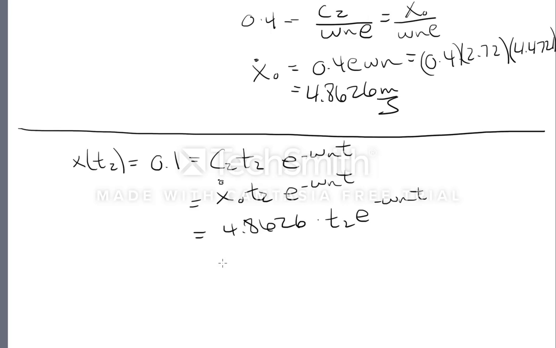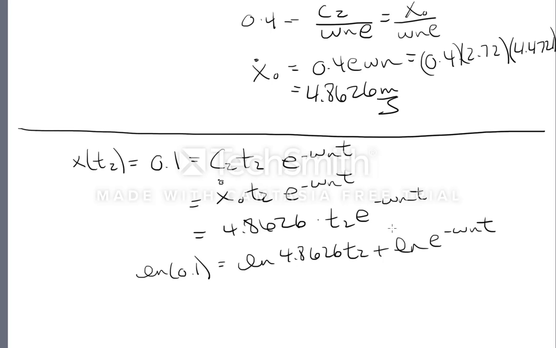I think you need to take the ln of both sides, equals ln of 4.8626 t2 plus the ln of e to the negative omega n t2, and this equals ln of 4.8626 t2 plus, it actually is just negative omega n t2.